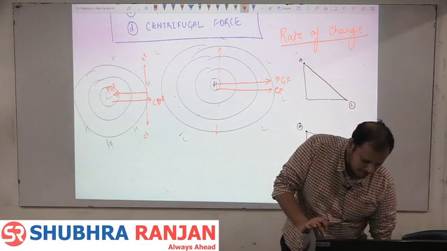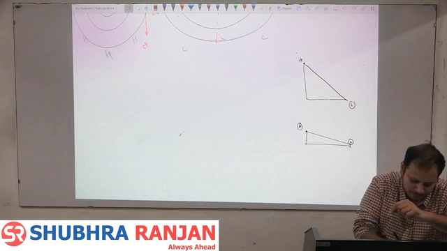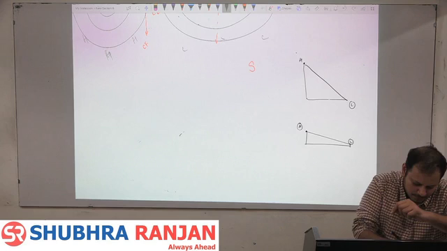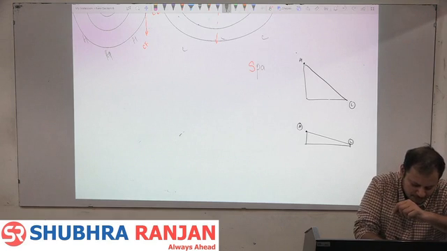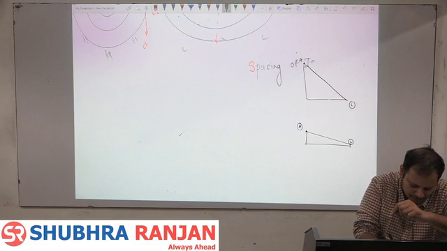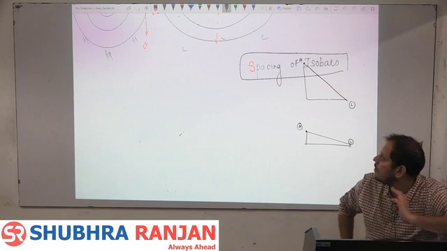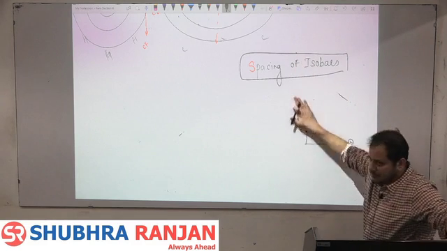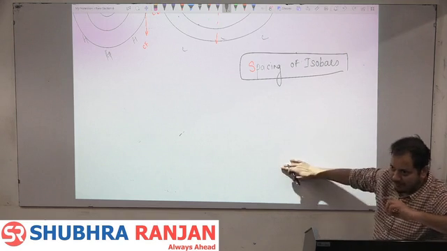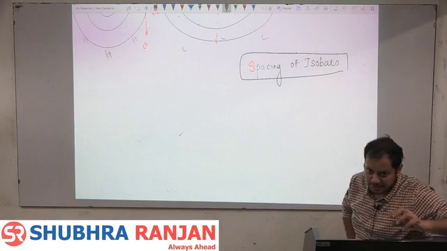In the map, spacing of isobars is used to determine the pressure gradient.